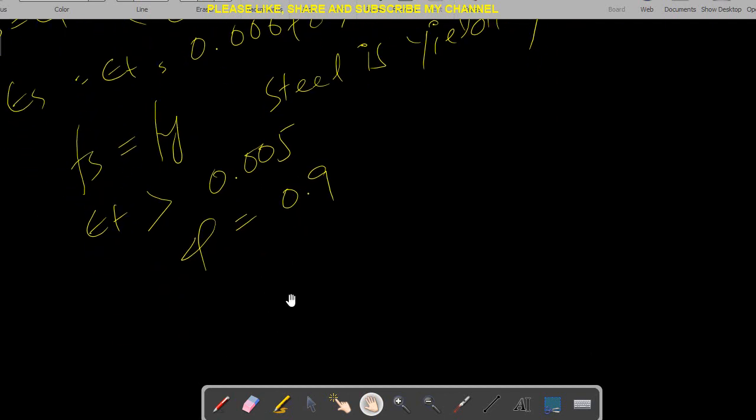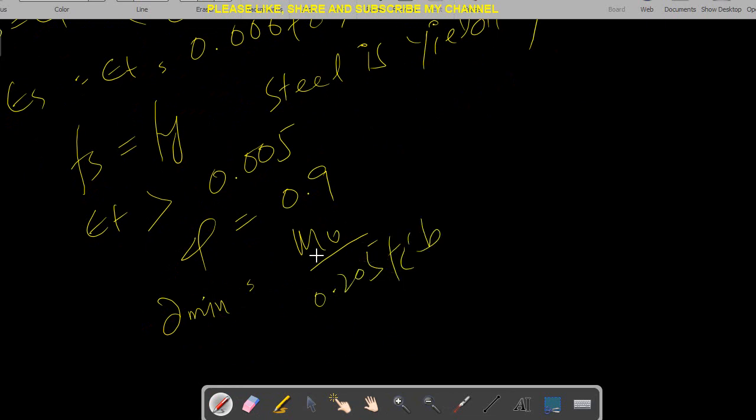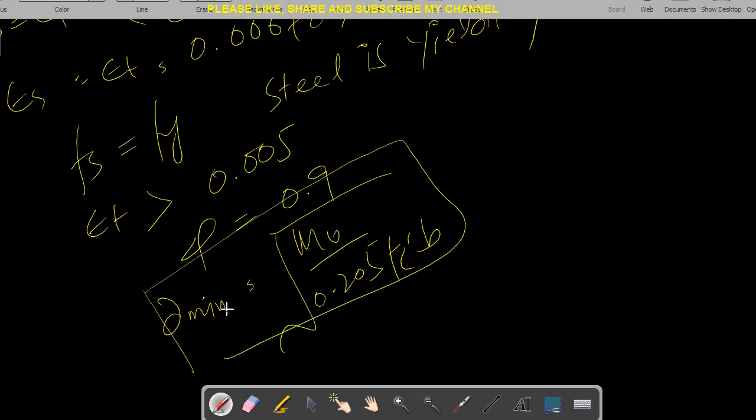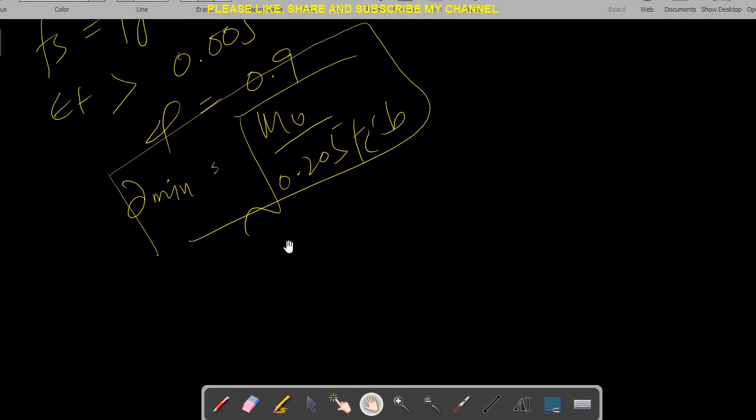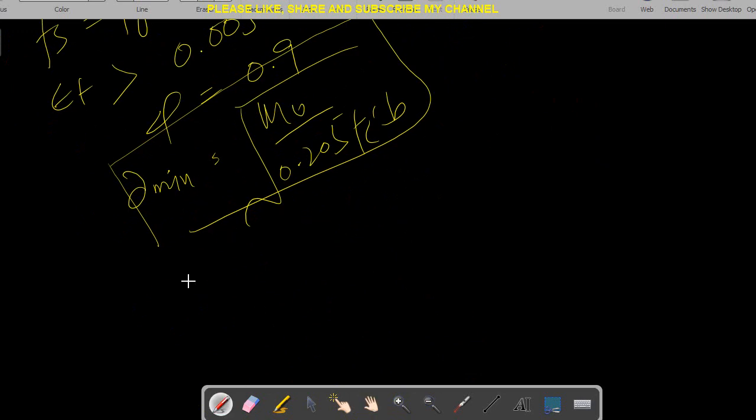The advantage of the d minimum equation which we used, 0.205 fc prime into b, is that if you fix d from this equation, you don't need to adjust your phi factor. This is the beauty and advantage of this equation.